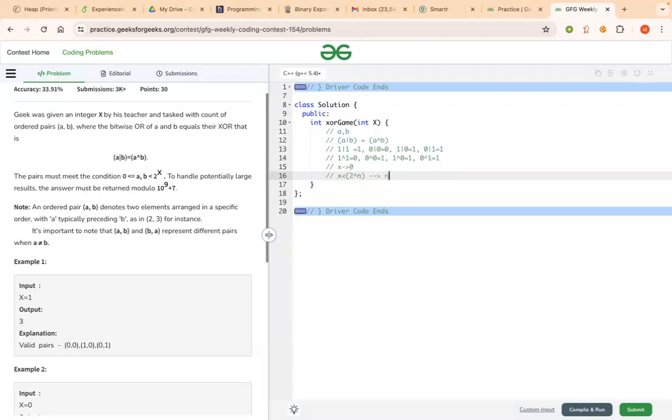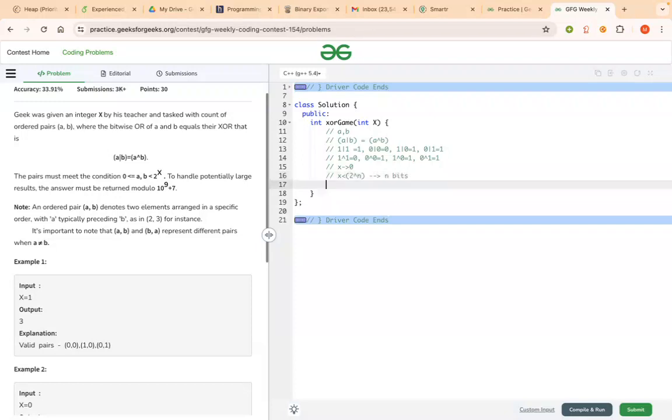So if some number x is less than 2 to the power 0, that is 1, how many maximum bits can it have? Sorry, this is n plus 1 bits, right?